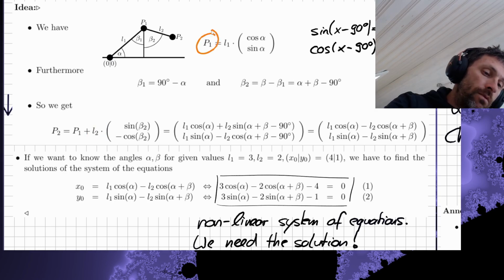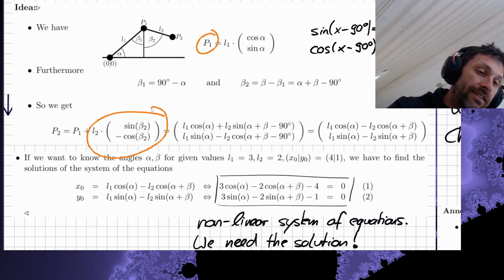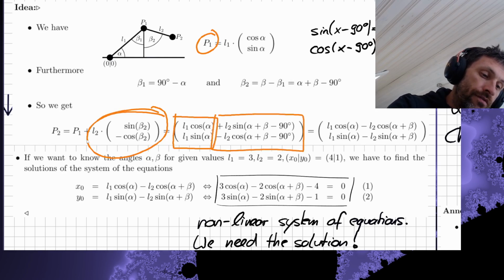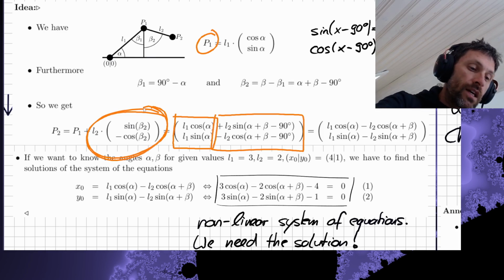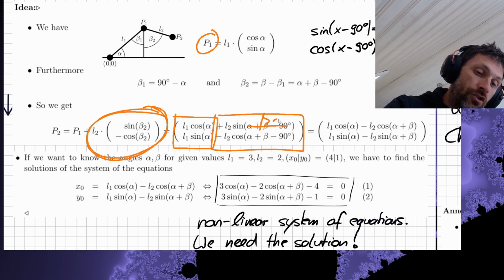So P1 plus that is, this is P1, and this is this one. And so we get here this with the beta 2.